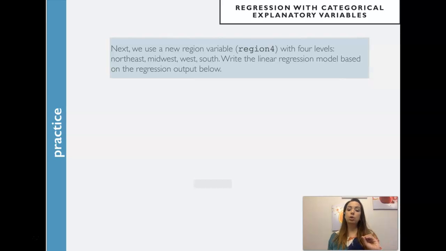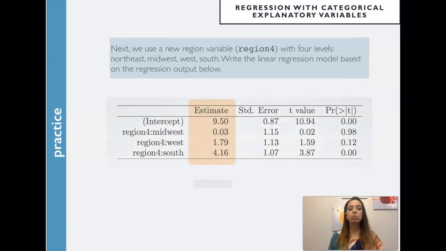So when you run a regression model where you're entering as predictor the variable region 4, and as response variable the variable poverty, R will spit out an output that will look more or less like this. We see the intercept, and then we see 3 of the 4 levels of the variable region 4 here represented. We see Midwest, we see West, and we see South.